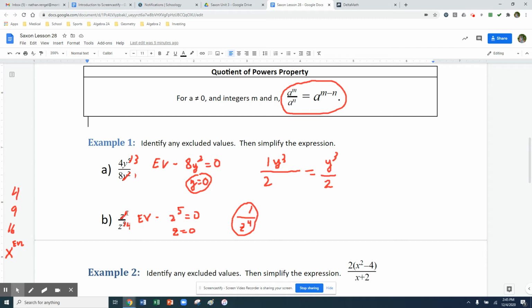I've got a z to the first up in the numerator. I've got 5 z's down in my denominator. This z in the numerator will cancel out 1 z down in my denominator, which leaves me with 4 down in my denominator. So z divided by z in my numerator is 1. So here I do have to put the 1 to represent that. And then z to the fourth would be in my denominator. So I'm left with 1 over z to the fourth.